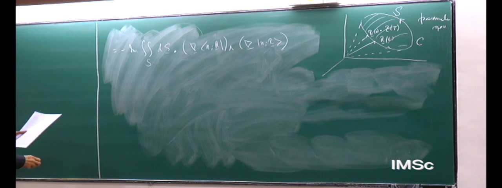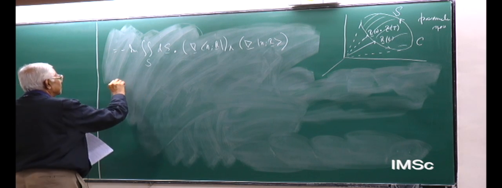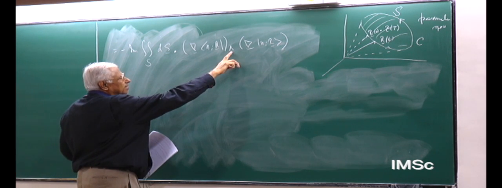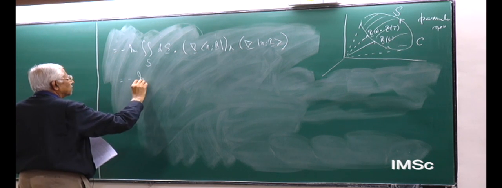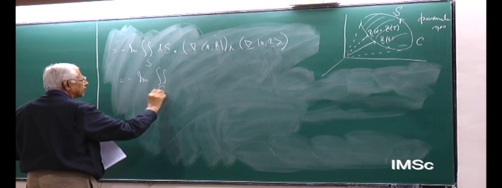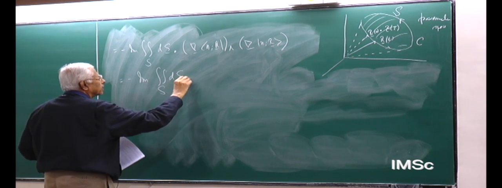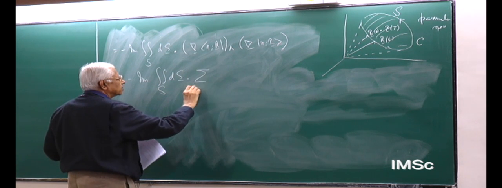And now what you do is you stick in a complete set of eigenstates of the Hamiltonian at parameter r. So this will become, let me just write it and then I explain why a certain term is not there.